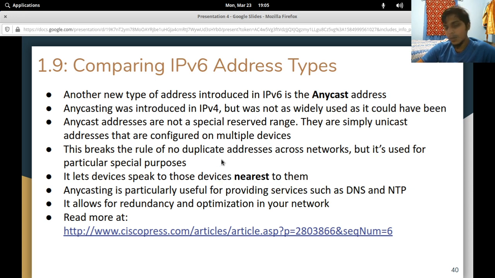As opposed to going all the way around to Japan, people in Trinidad might go to a Google server right there in Miami, or even in Trinidad itself. But those nodes in Miami or in Trinidad would have the same anycast addresses as those servers in Japan or anywhere else in Asia. So it's particularly useful for services like DNS and NTP.